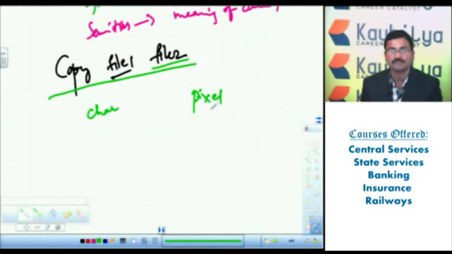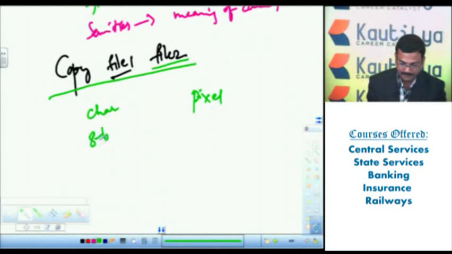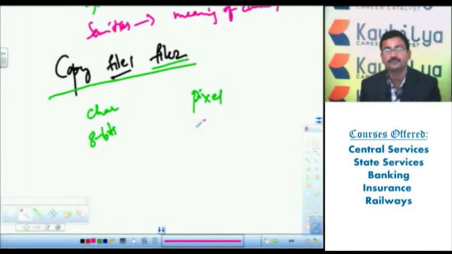Pixel is a short form of picture element, and a character occupies 8 bits. Whereas a pixel tells you about resolution: how much resolution is required to make a graphical user interface.